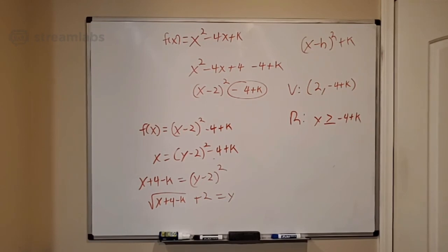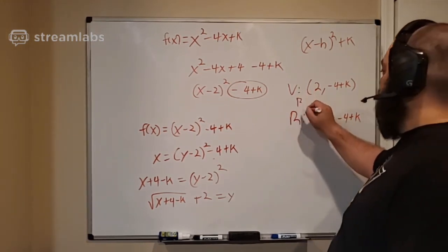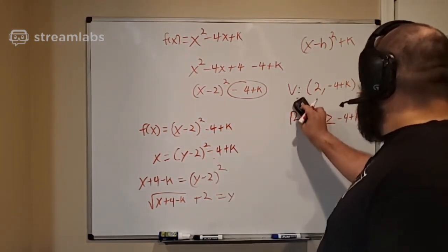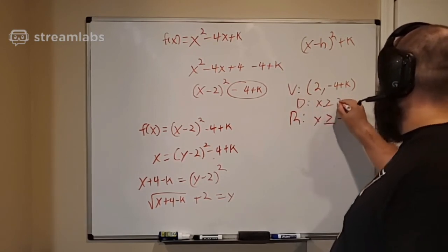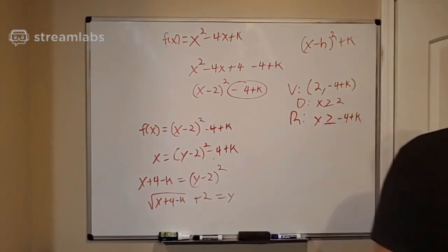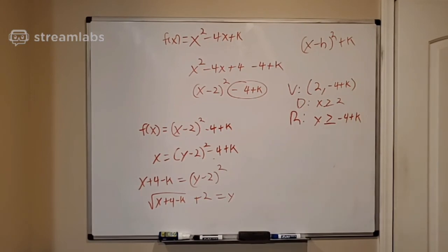So we have to remember that from our original problem, the domain now in question is x is greater than or equal to 2. So what do I know about my inverse function? Okay, I'll repeat, since I just wrote on the board that the domain is x is greater than or equal to 2.